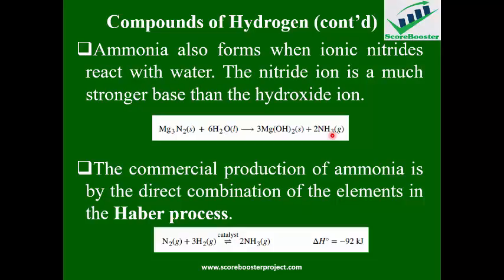Another one, the most commonly produced one on the commercial basis, is the Haber process. This Haber process involves reacting directly nitrogen gas and hydrogen gas in the presence of a catalyst. Usually iron catalyst is used here, then ammonia is formed. This last one, it has been established, has been used for commercial production.